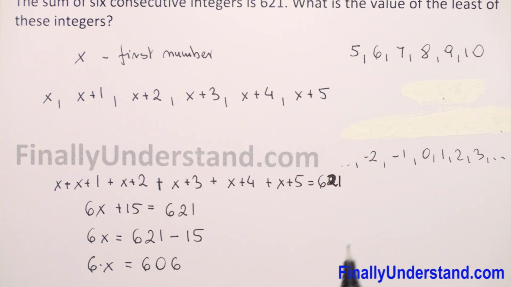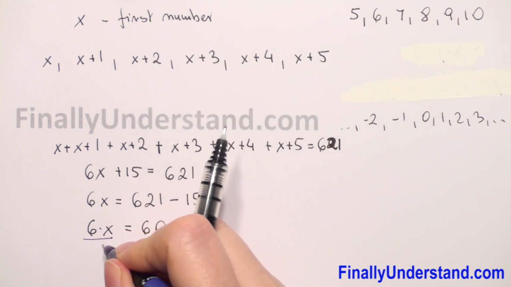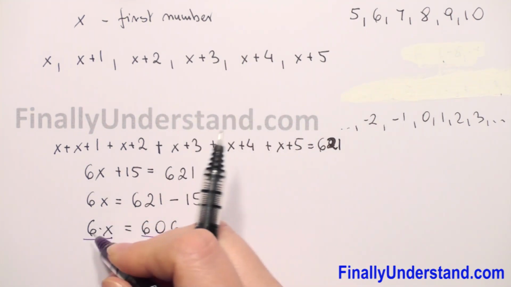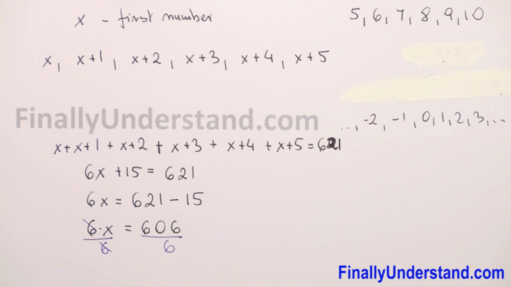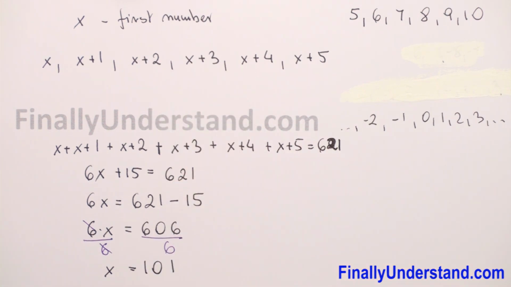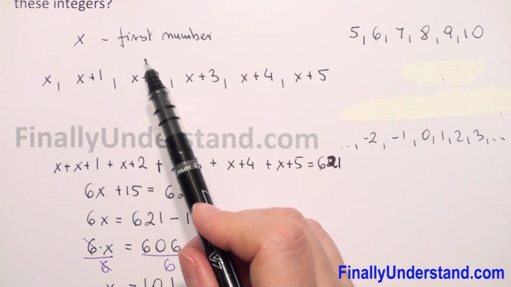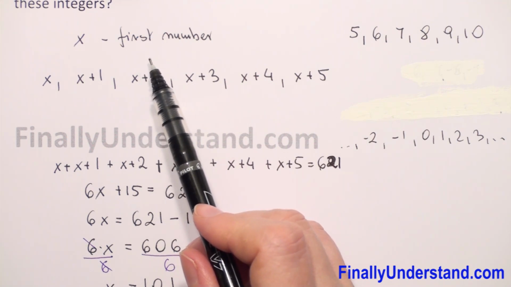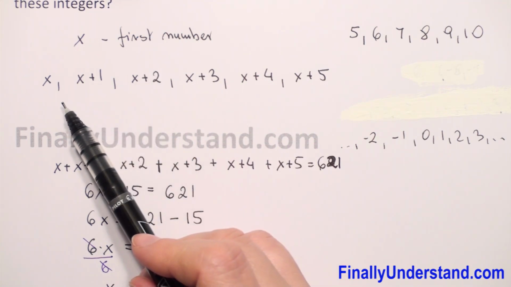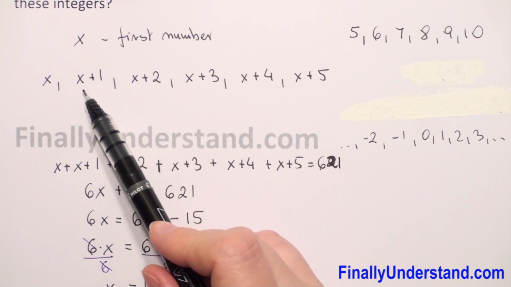now I will divide both sides by 6. So 6 and 6 we can reduce, and we have that x is equal to 606 divided by 6, which is 101. So x was the first number, so the first number is our solution, because the next number will be x plus 1.